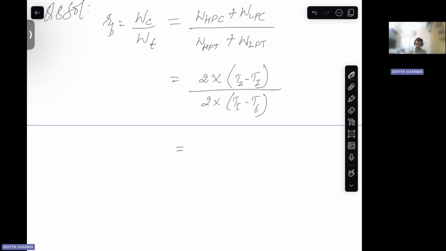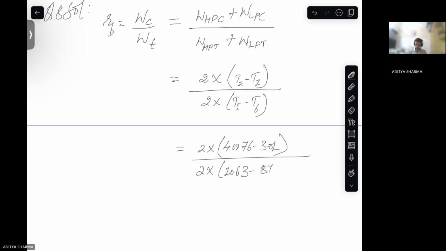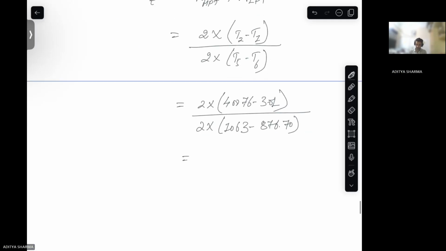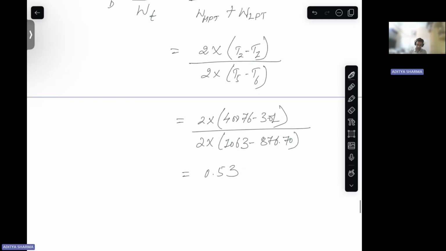So 2 into 400.76 minus 2, divided by 2 into 1063 minus 876.70. If you solve this, this will come out like this.